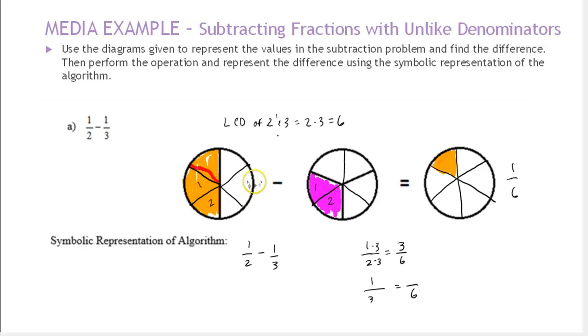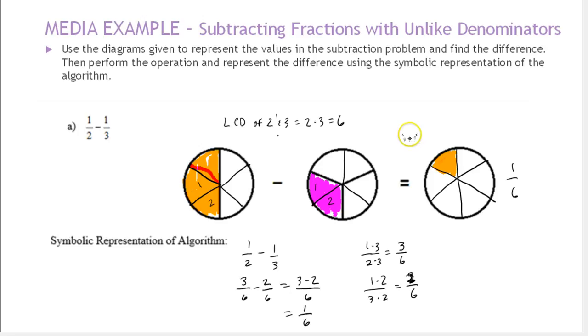We need to multiply by 2, and we get 2/6. Now we'll rewrite our subtraction problem with the common denominator, 3/6 minus 2/6. Subtract the numerators and keep the denominator, which gives us the result of 1/6.